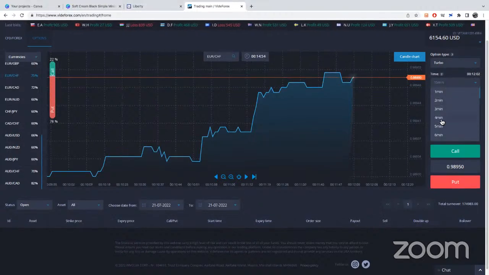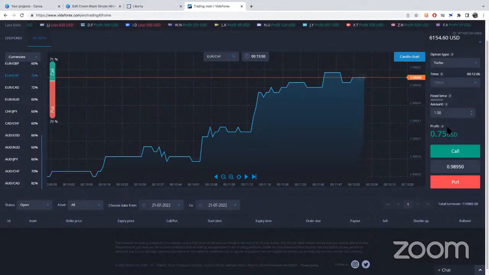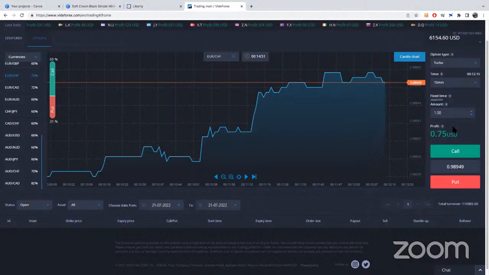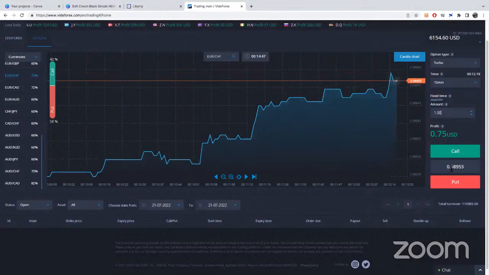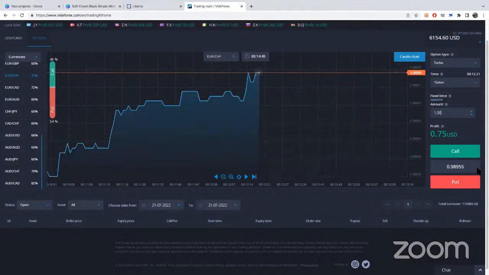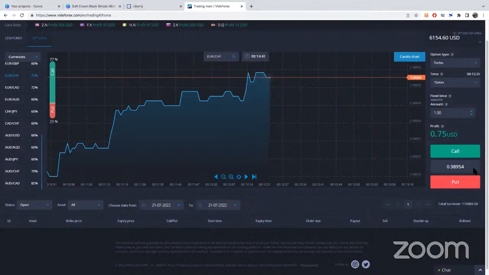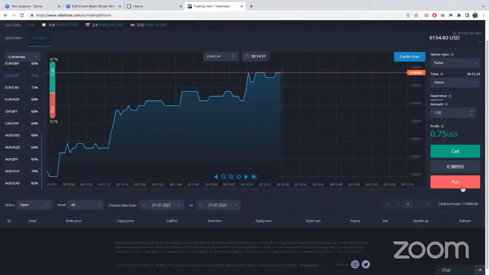Once again, this trade is 15 minutes, so I'm going to change this to 15 minutes. I'm going to put in only 2% of my entire account, which for the sake of this experiment is $1. And I know that I just need to match the prices to 0.99301. So I just have to wait for this number to be 0.99301, and then I'm going to click the put button.